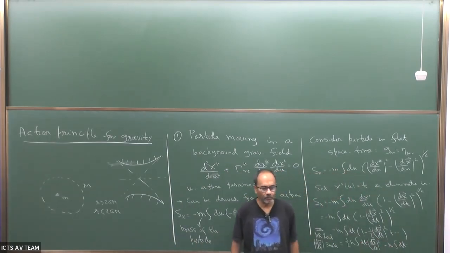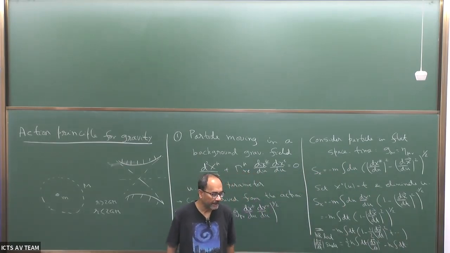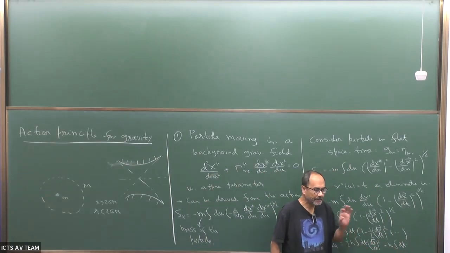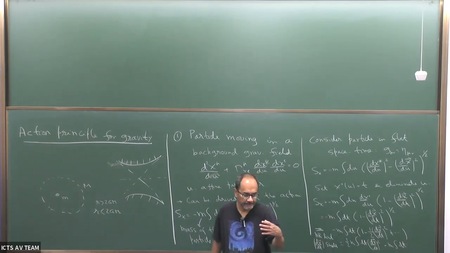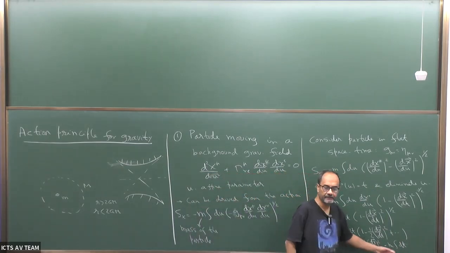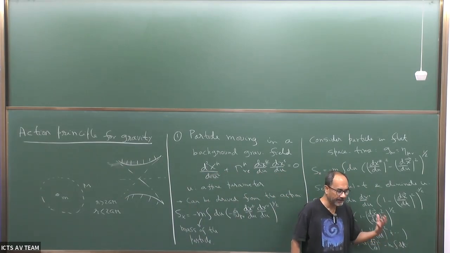But if you are willing to probe a little deeper, you can think of this: m is the rest mass of the particle, which is like a constant potential energy. So this is like the integral of T minus V, if you think of m as the potential energy of the particle.